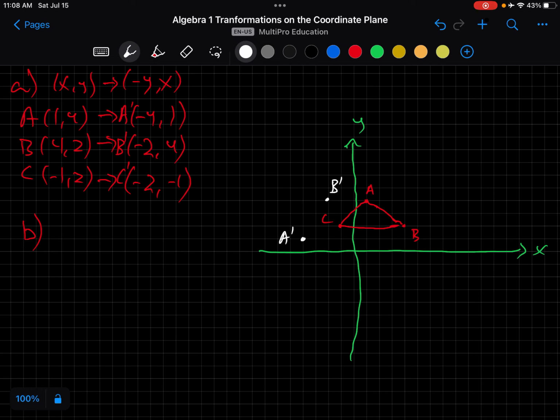Here's B prime. And now C prime is negative 2, negative 1. C prime. All right, let's draw line segments between each of these endpoints. All right, so we did part B. This is what it looks like when it's rotated counterclockwise 90 degrees about the origin.